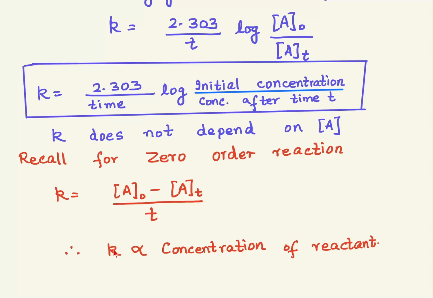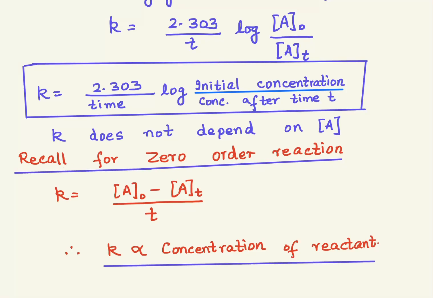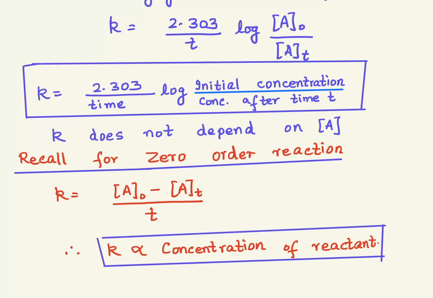In other words, my rate constant for a zero order reaction, this is for a zero order, this is instant recall, is dependent on the concentration of the reactant. Whereas for a first order reaction, the rate constant is independent of the concentration of the reactant.